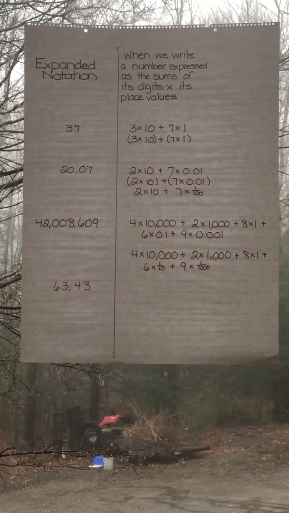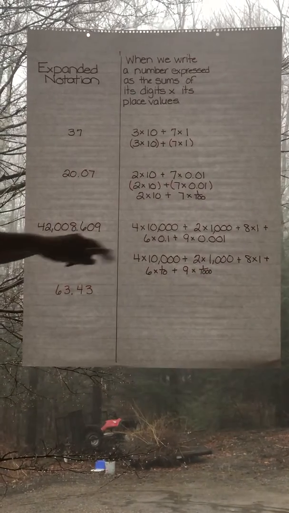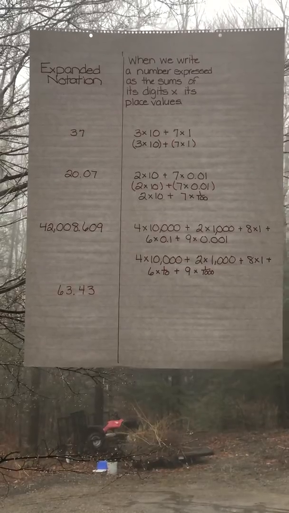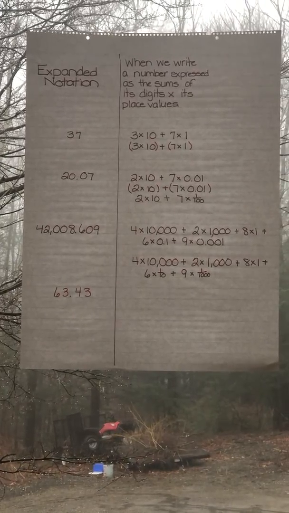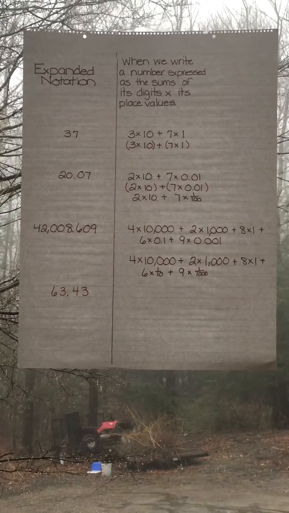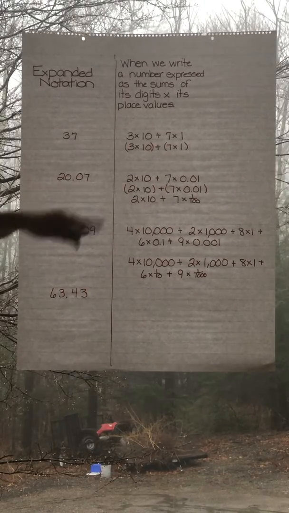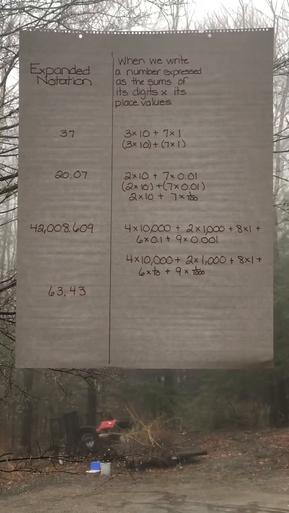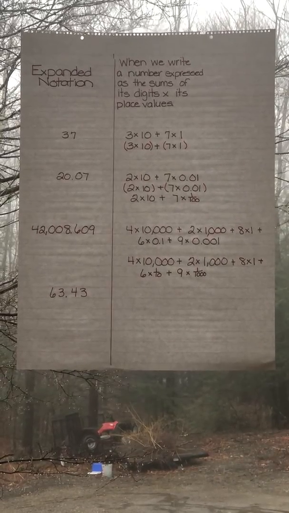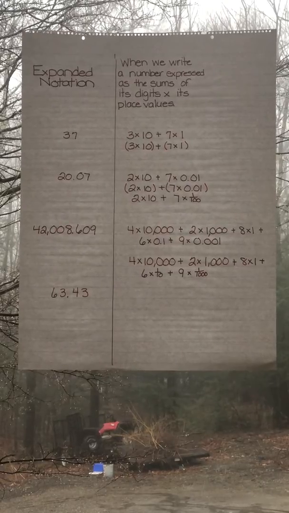So think for a minute, how would you write it out this way? Give you a few minutes to think about it. If you're more comfortable adding the parentheses, you can, just so that you can clearly see each place value, but know that it's not necessary.